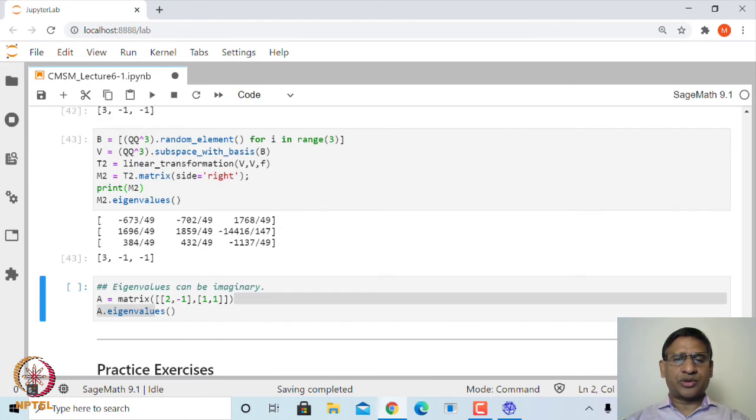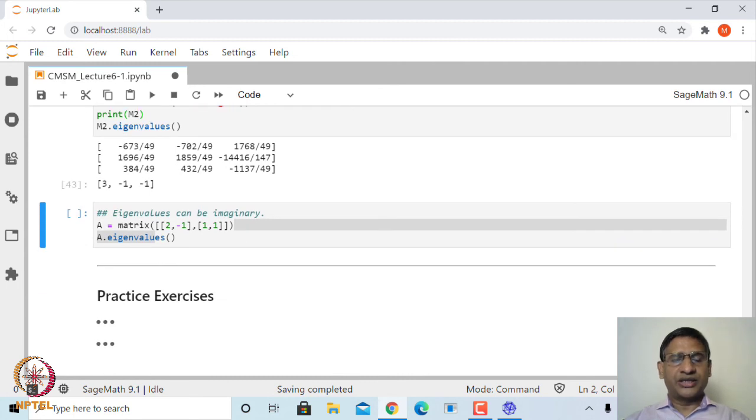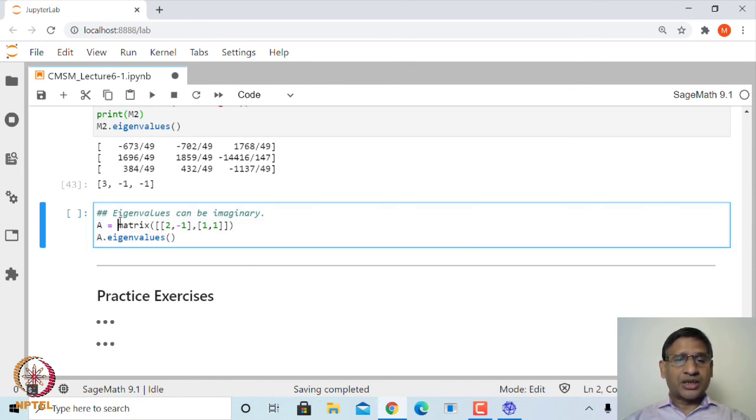Roots of a characteristic polynomial can be imaginary. So, you can have an imaginary eigenvalue. In particular, in case you define a linear map from a vector space V over the complex field to itself, it will also have imaginary eigenvalues and hence imaginary eigenvectors.